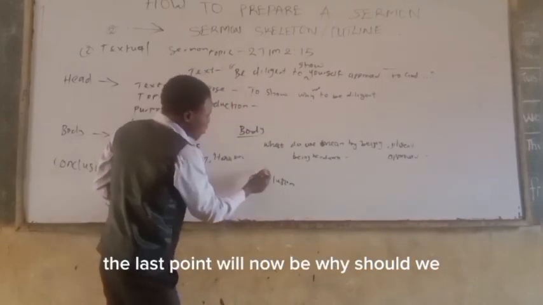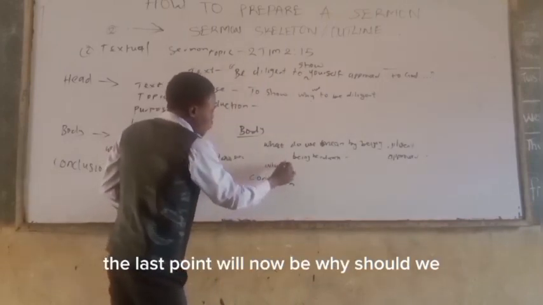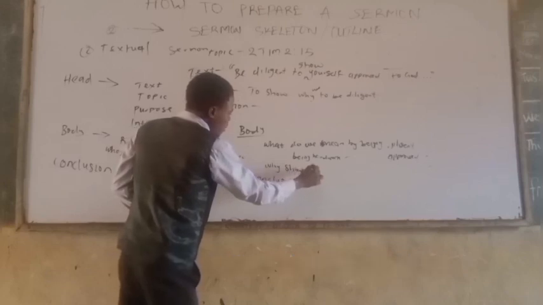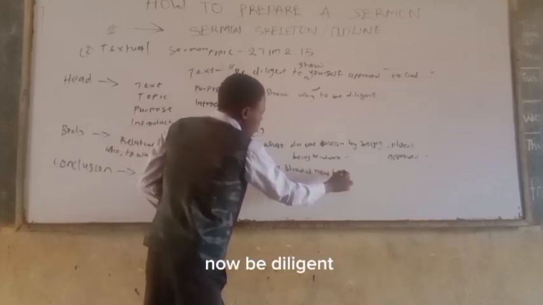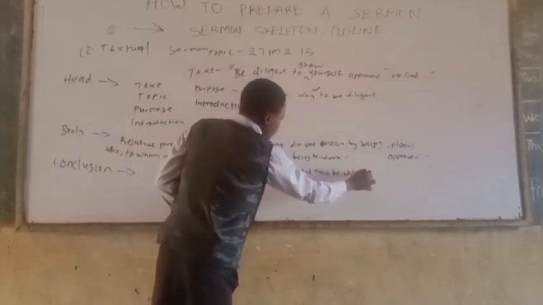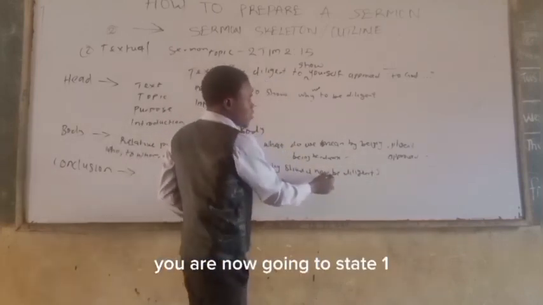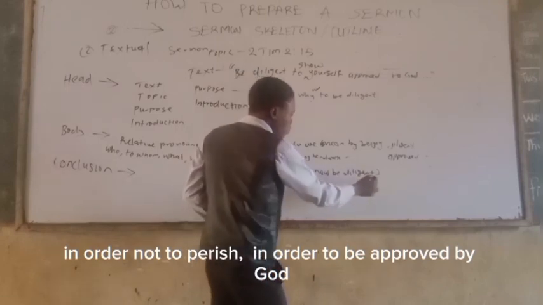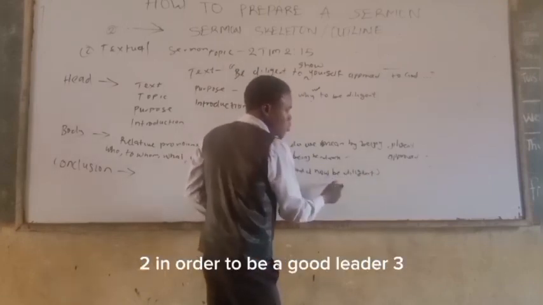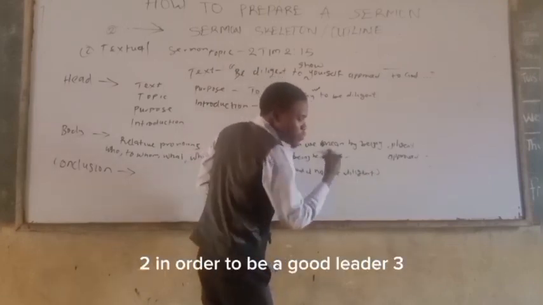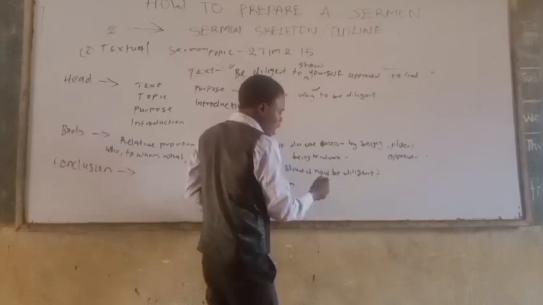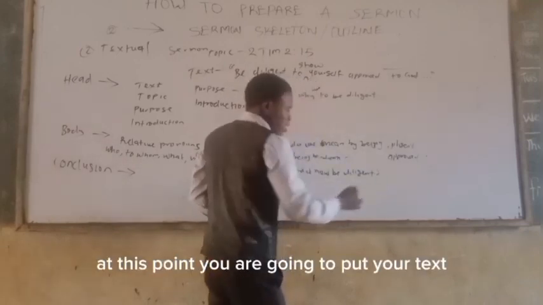Okay, the last point will now be, why should we be diligent? You are going to state, 1, in order not to perish, in order to be approved by God. 2, in order to be a good leader. 3, and for those points you are going to put your text.